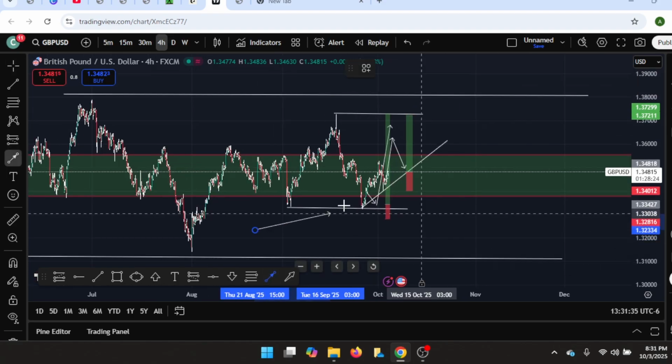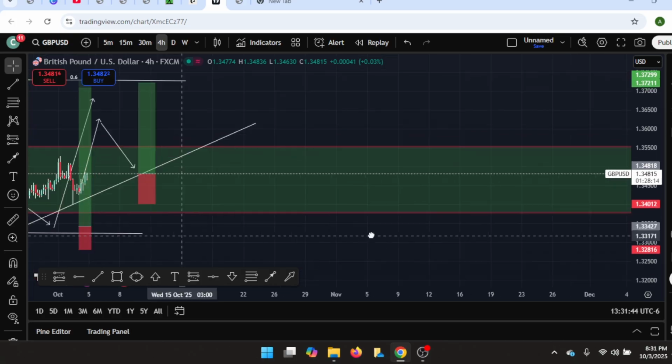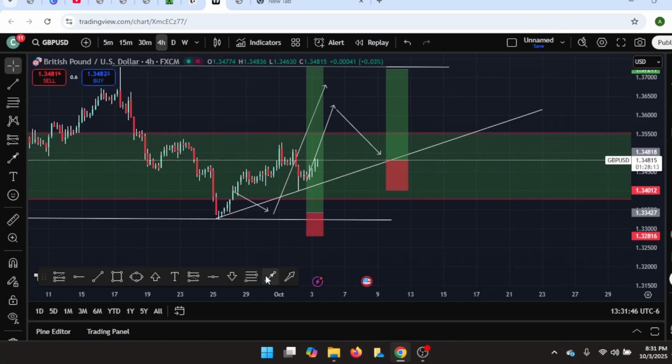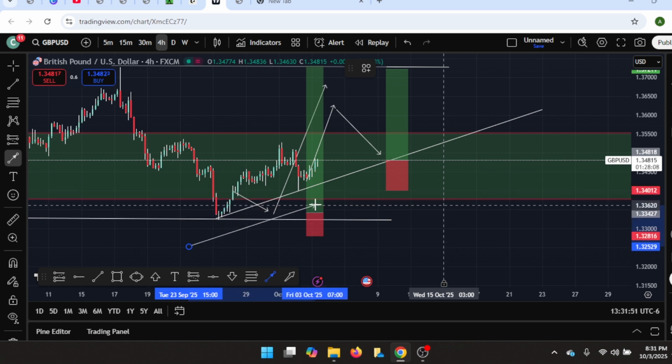It came to this area. I couldn't take the trade because it was on a Friday. So what I was expecting is to see something like this. Pulls back, giving me like a W pattern for me to take an entry. And that did not play out.